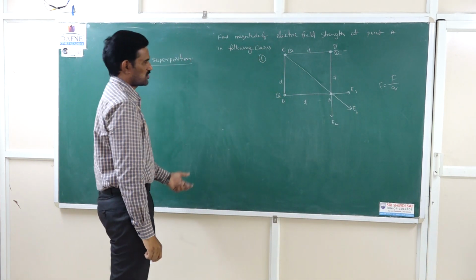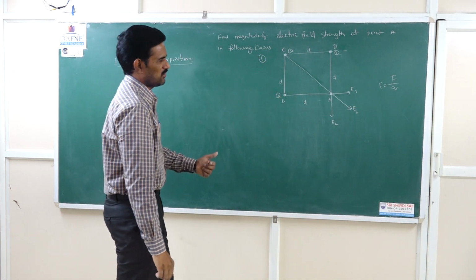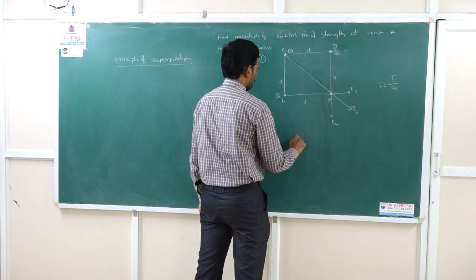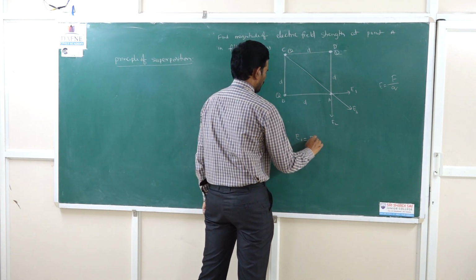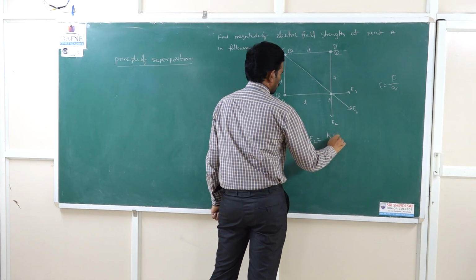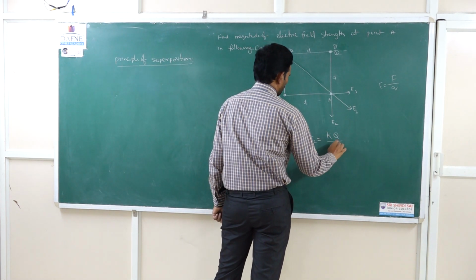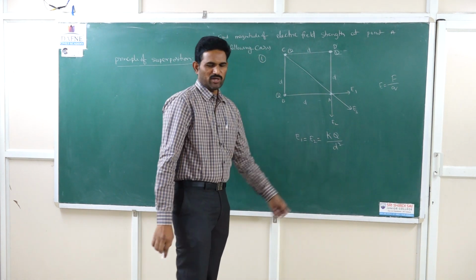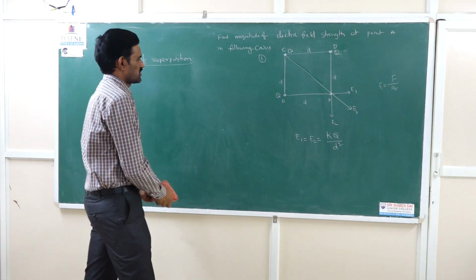Now let us first write their strengths. Electric field due to E1, E2 and E3, let us write here. E1 is equal to E2, so I can write as KQ by D square, that is the point charge form of electric field strength due to a point charge.